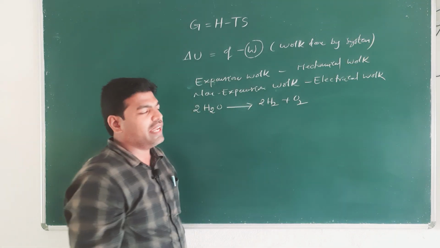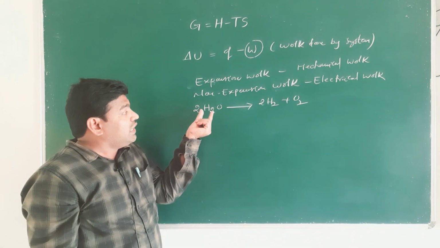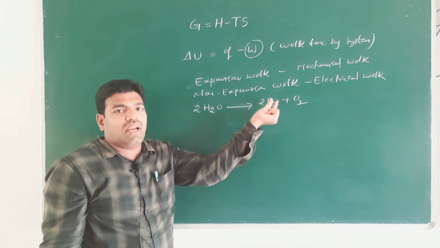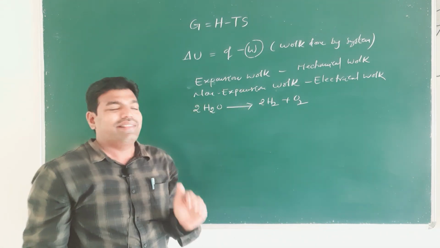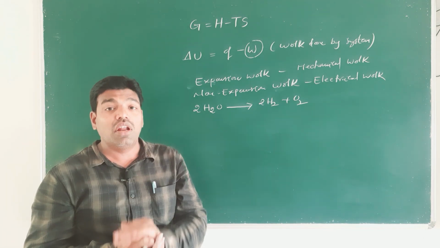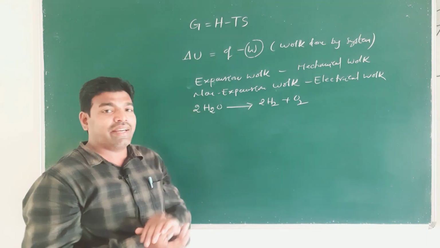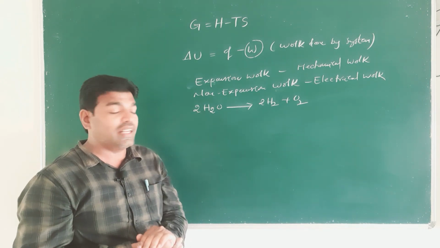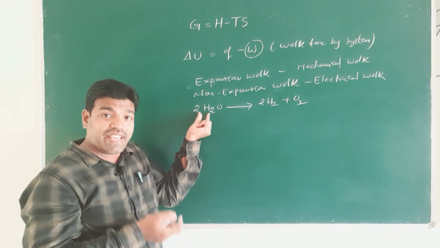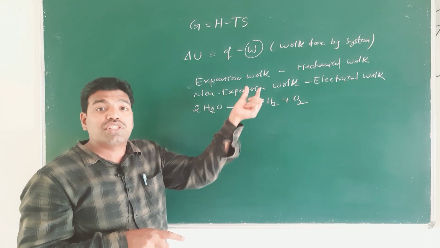In the electrolysis of water, water decomposes into H2 gas and oxygen gas. This is called non-expansion work. Besides that, 2 moles of water, or 2 moles of reactant, decompose to give 3 moles of products.